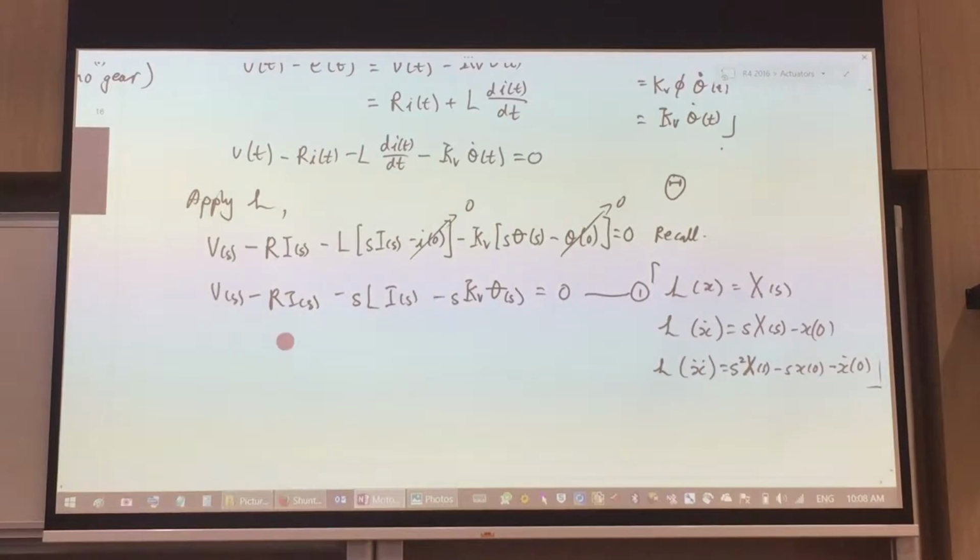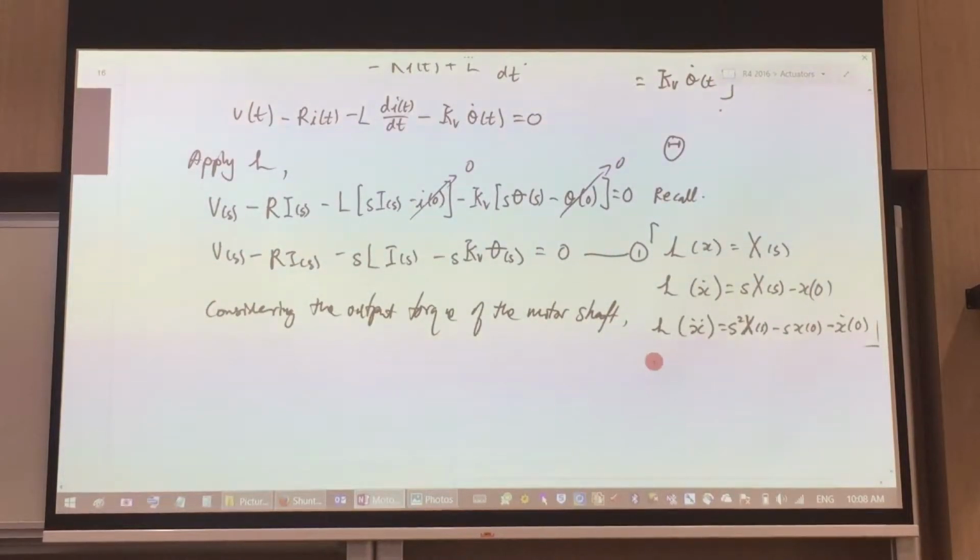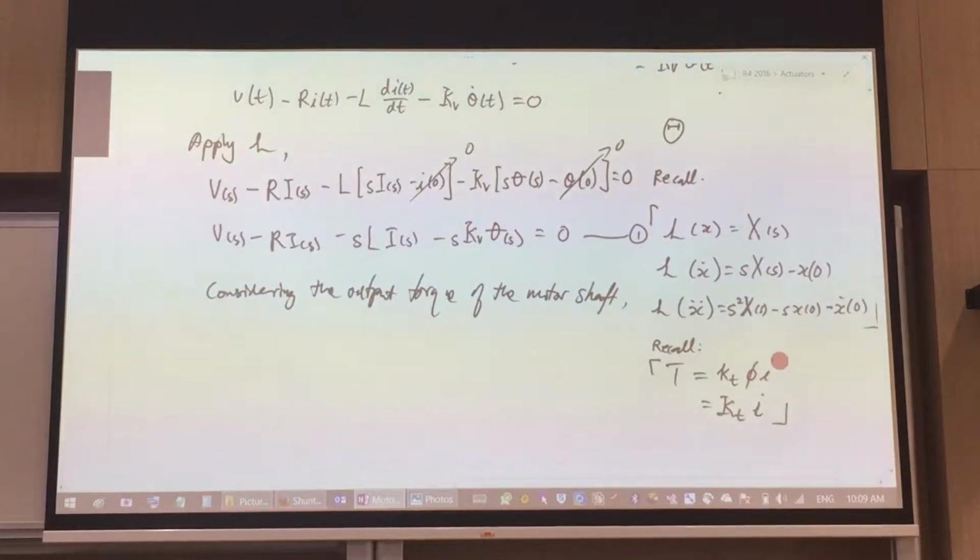The next thing I want to do is to consider the output of the motor. Now, I want you to recall again that torque is equal to small letter k_t times i, and I had this written as capital K_T I, where this I now is time variable.